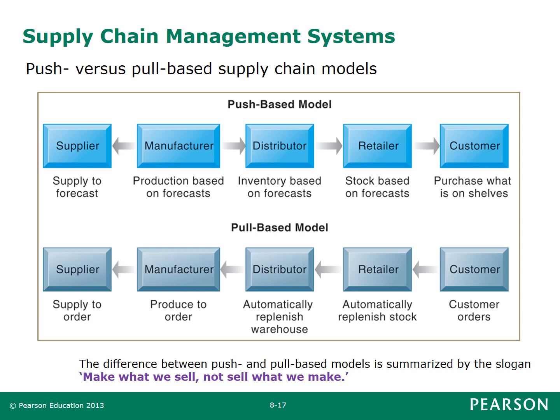For example, in mechanical engineering sector, to produce a power plant, for example, to produce energy, they normally use a pull-based model. So they wait to get an order to build up a plant.